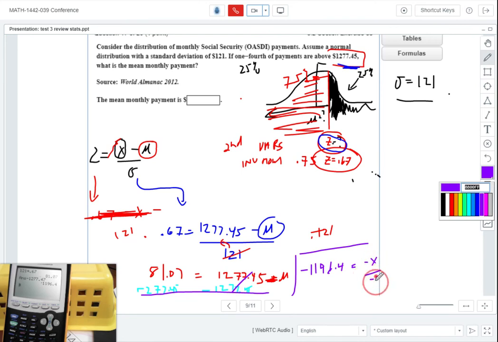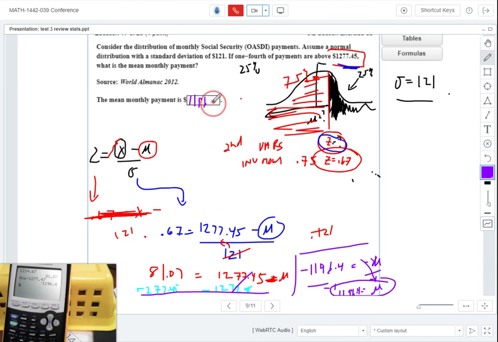So if I get rid of the negative by dividing by negative 1, there's my x value. Oh, by the way, not my x value, but my average value. So my average equals 1196.4. That's what they were asking us.